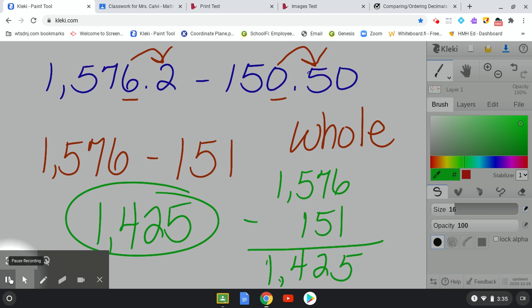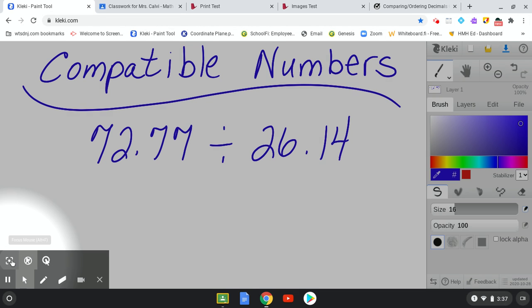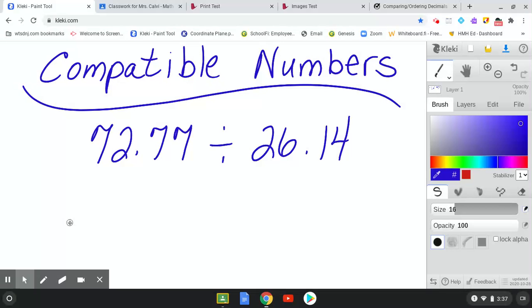All right? Okay, another type of estimating is called using compatible numbers. So if I wanted to estimate 72.77 divided by 26.14, I can use something called compatible numbers. I'm going to make each of these numbers something that will make it easy to divide.